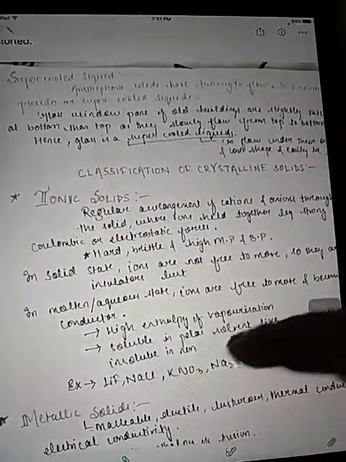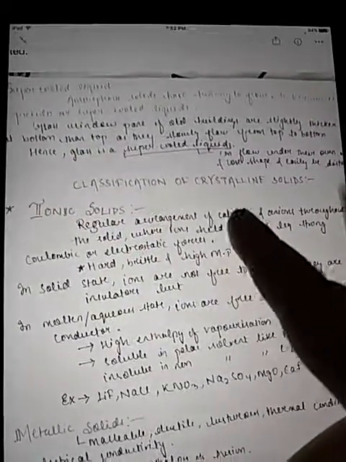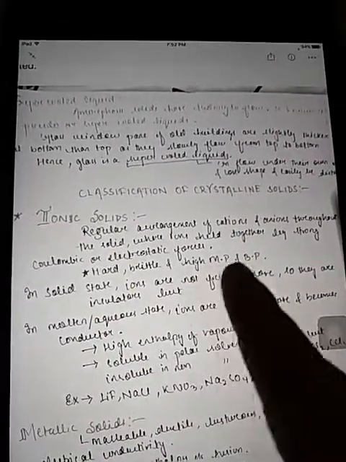So they are attracted to one another, tightly held together by Coulombic or electrostatic forces. So they are hard, brittle, and have high melting and boiling points. In the solid state, ions are not free to move. As we read here, the regular arrangement of cations and anions throughout the solid is held together by strong electrostatic or Coulombic forces.